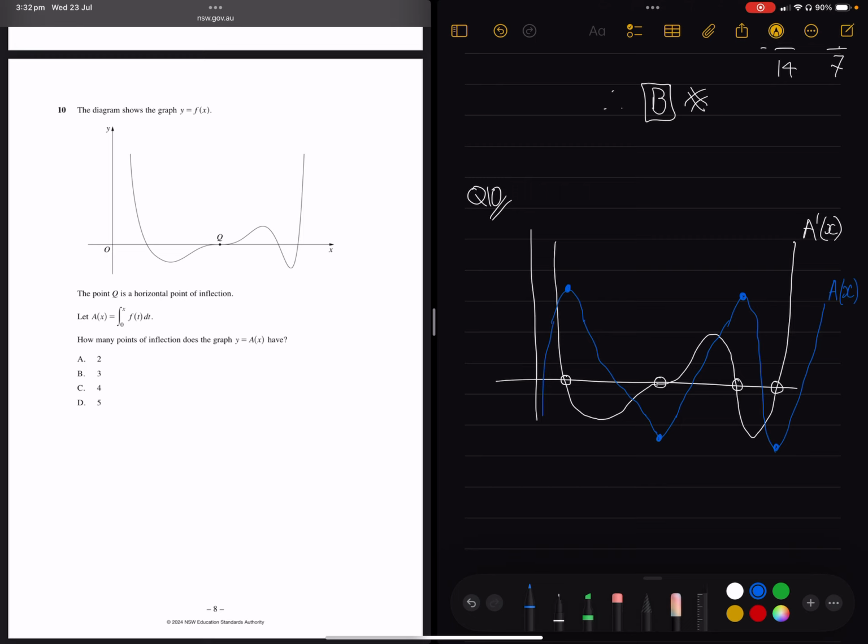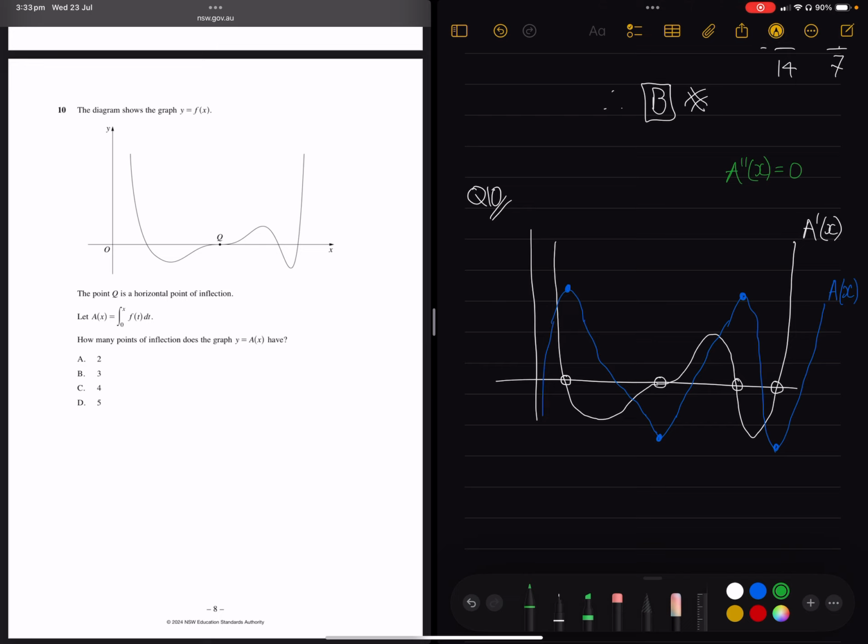Now, we want to work out how many inflections it has. Well, in order to get the inflections, we know inflections happen when A double prime of x is equal to 0. So now we want to draw the derivative function of the A prime. We sort of know what our original function A of x now looks like, so we know where our candidate inflections are. Now we want to work out where A double prime is equal to 0.